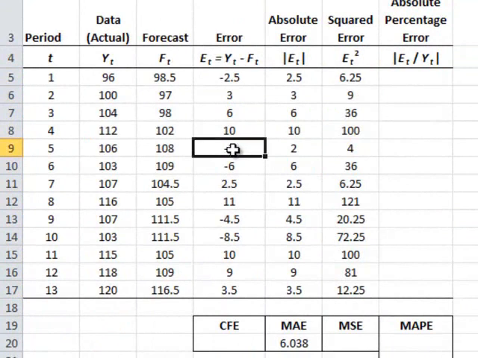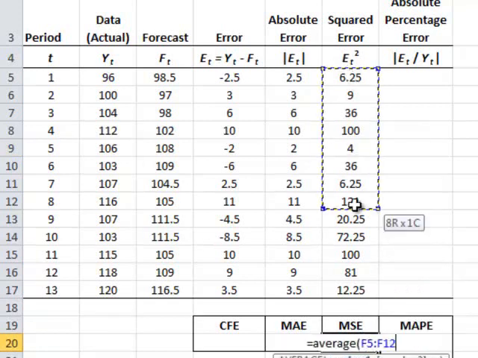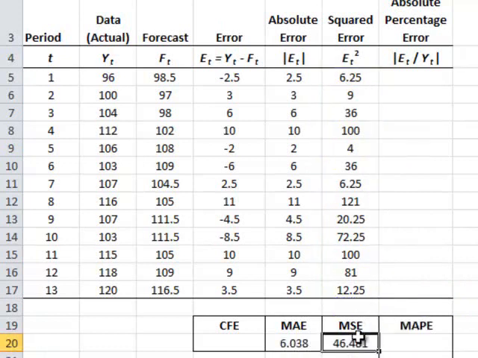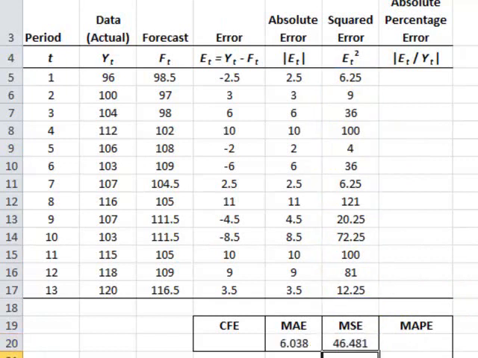When my error is a negative 2, my squared error is 4, and so on. The mean squared error is simply the average of these values. The average of those squared errors is called the mean squared error, and I have a 46.481.